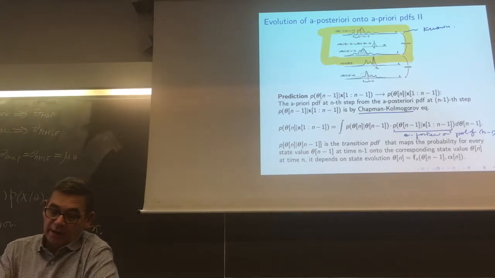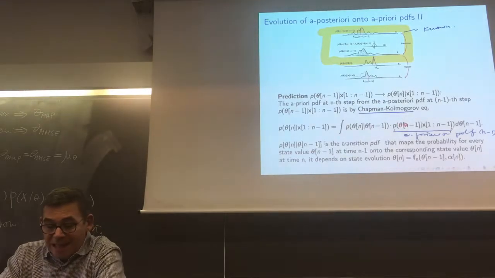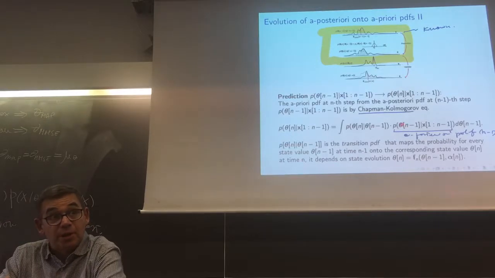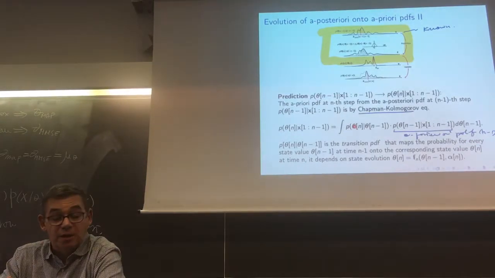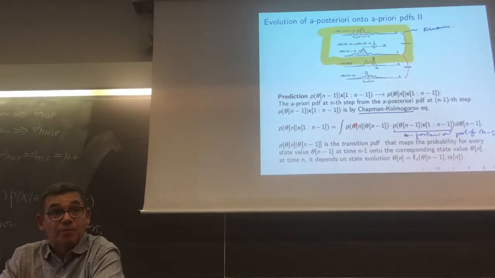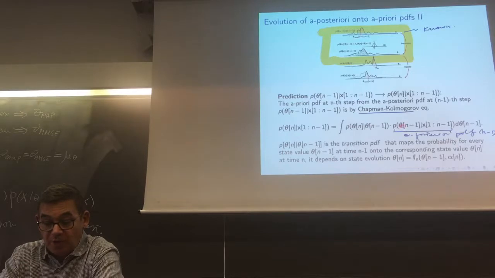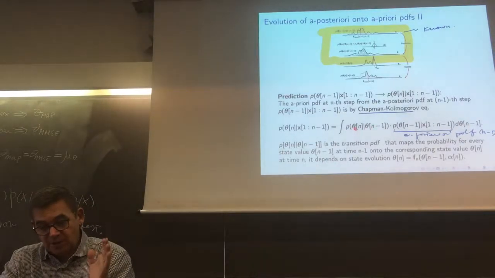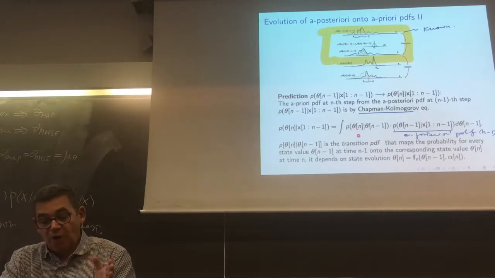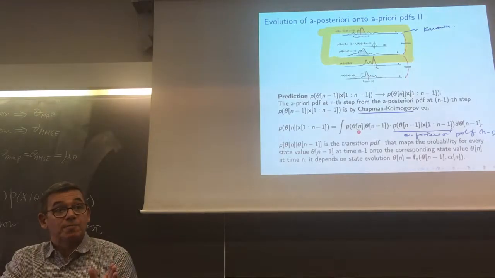This means that for any sample of the a posteriori, this is spread into a certain interval of the predicted value. So the a posteriori value at the time theta n-1 is distributed according to the transition probability to the probability density function of the parameter at the time n.